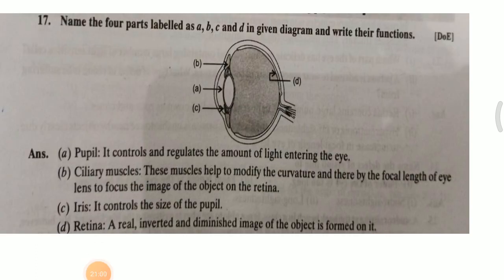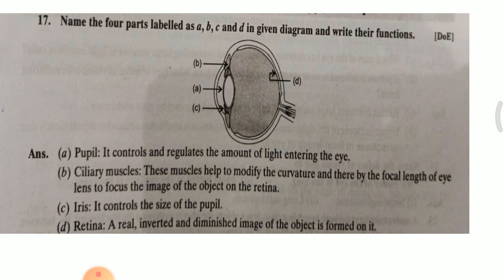The next question, name the four parts labeled A, B, C and D in the given diagram and write their function. A is the pupil, B is the ciliary muscles, C is the iris, D is the retina, and you have to write their function.